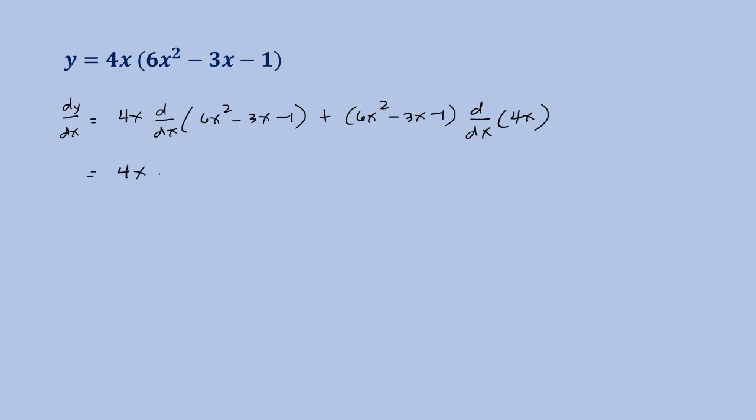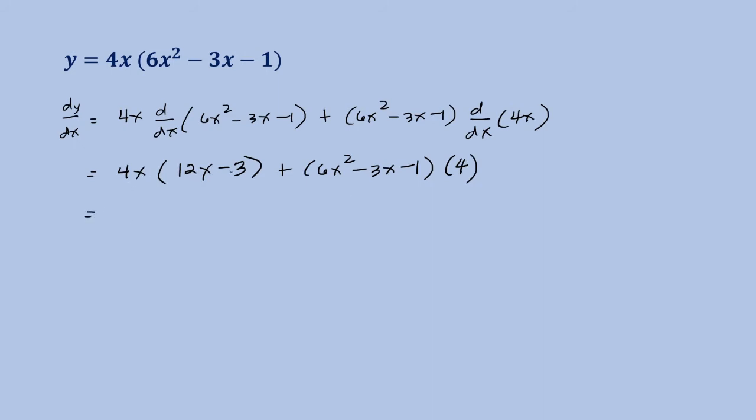So we have 4x times the derivative of 6x squared is 12x, negative 3x is negative 3, and negative 1 is 0. Plus, so we just have to copy 6x squared minus 3x minus 1, and the derivative of 4x is 4.